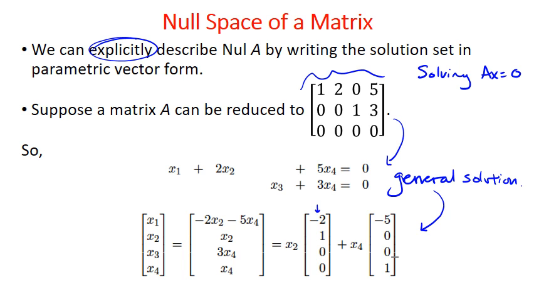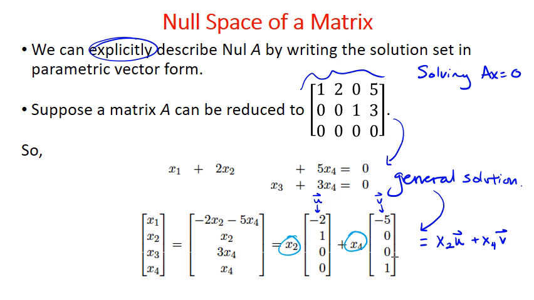Remember that this represents, say, vector u, and this represents vector v. Well, this can be represented then as x2 u plus x4 v, and this is a linear combination of vectors where the weights are the free variables.